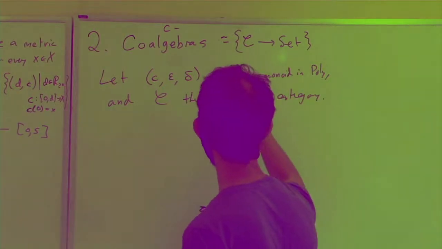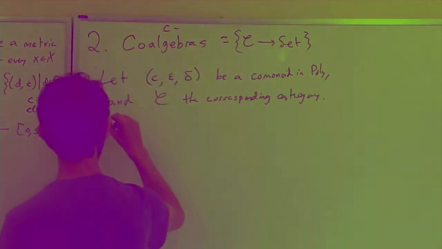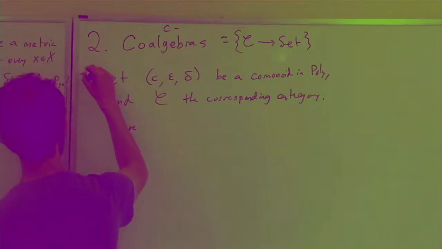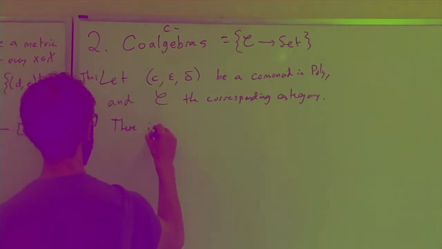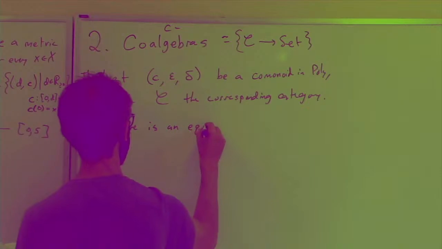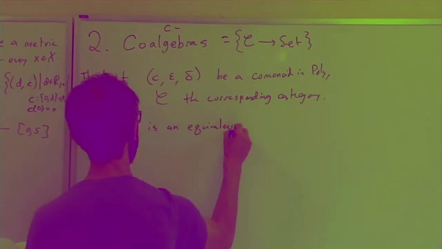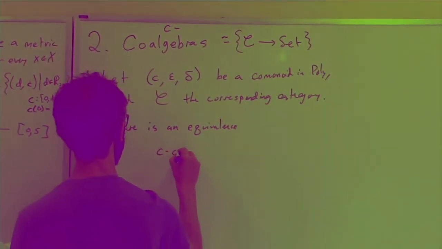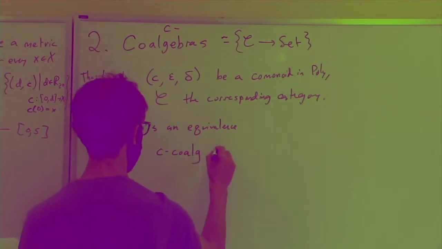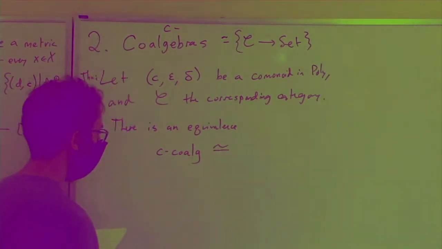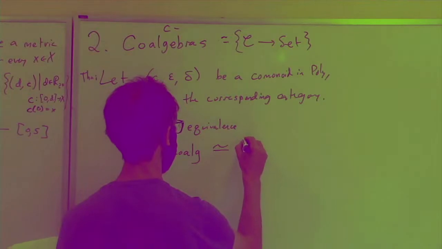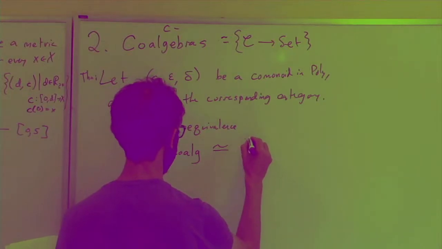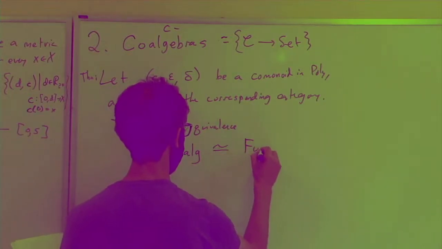Oh, well, I guess I already said this. There is an equivalence. I guess I'm writing a theorem now. There is an equivalence between C coalgebras, which I have not defined yet, but I will, and functors from C to set.